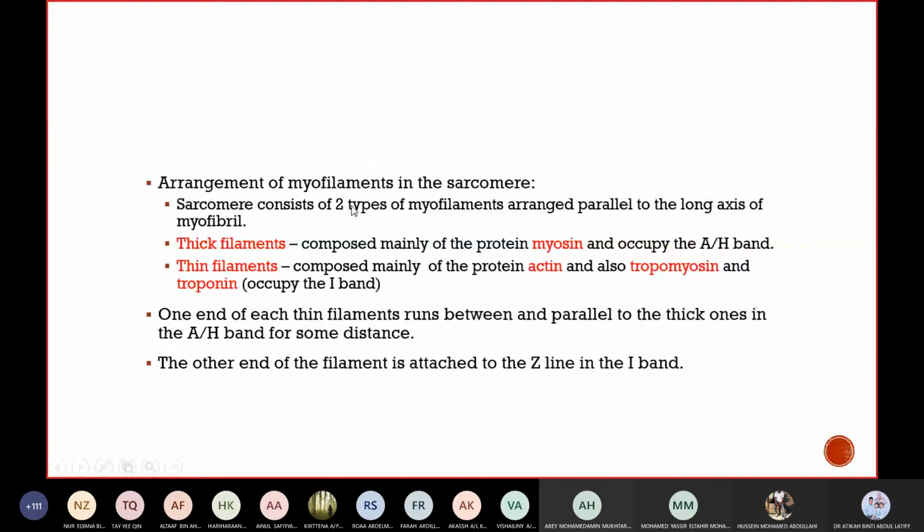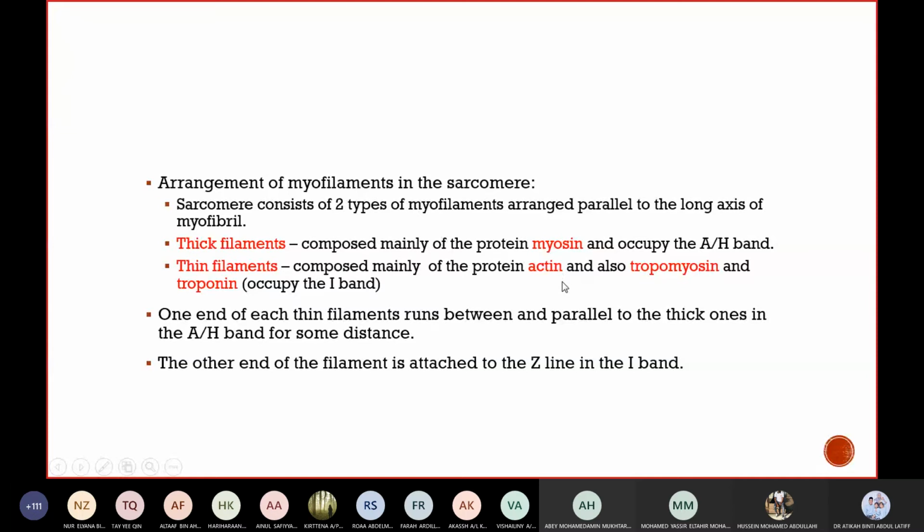So arrangement of the myofilaments in the sarcomere, it consists of thick and thin filaments. The thick filaments are mainly made of myosin, and this makes up the A or H band. The thin filaments consist of actin and also tropomyosin and troponin, and this occupies the I band, but the main component is actin.